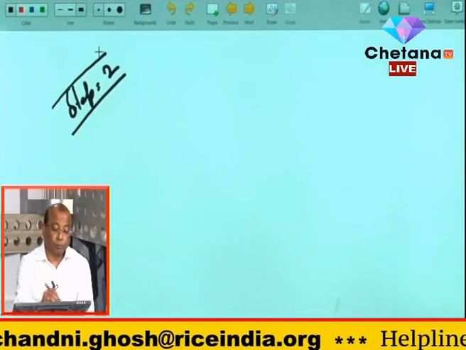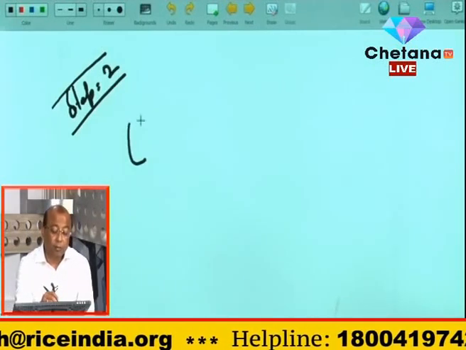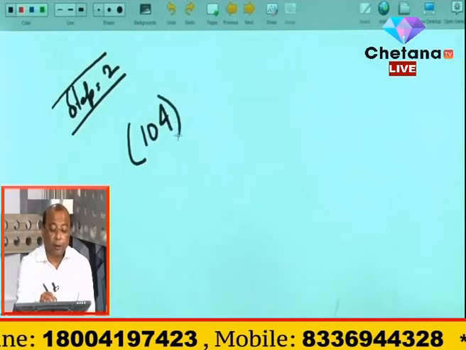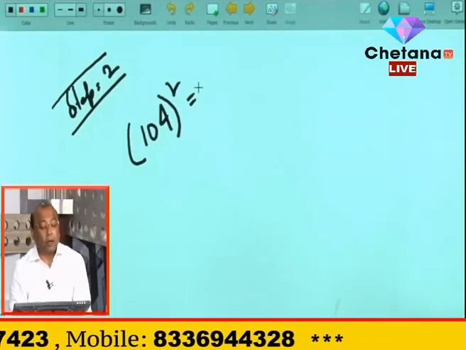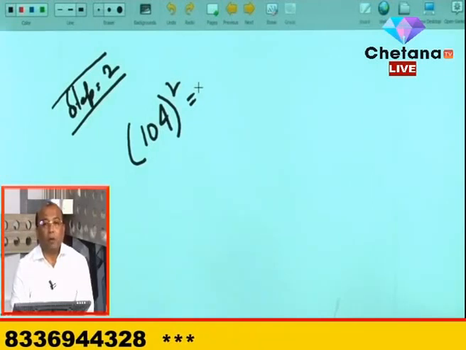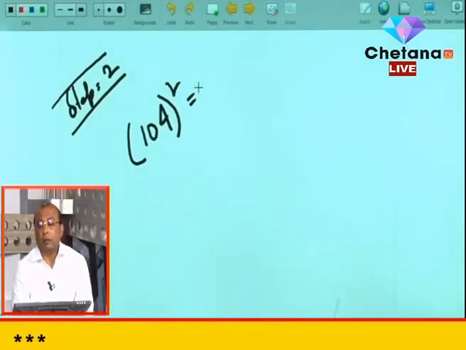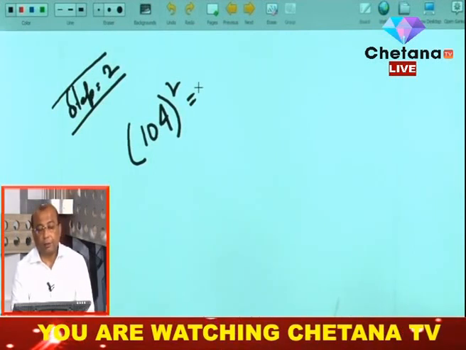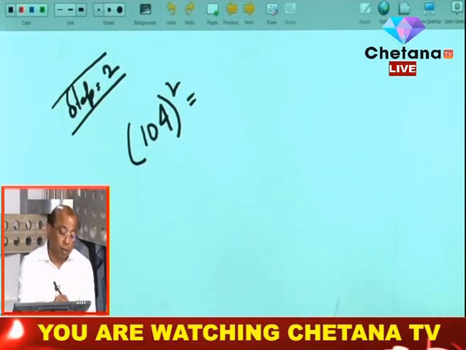Step 2. When the number has more than 2 digits, like 104 whole square, we cannot solve with the help of the a plus b whole square formula, right? As here there are 3 digits, in this case we will consider one base, that is 100.